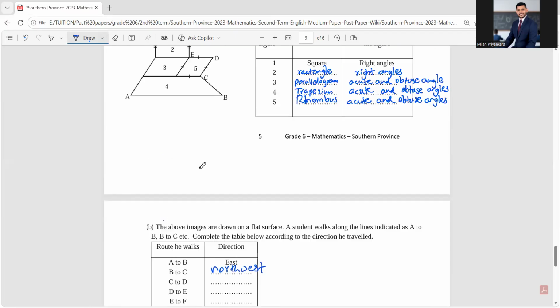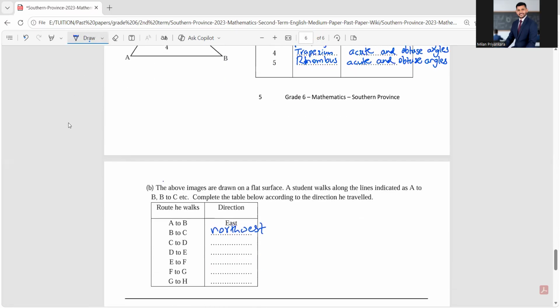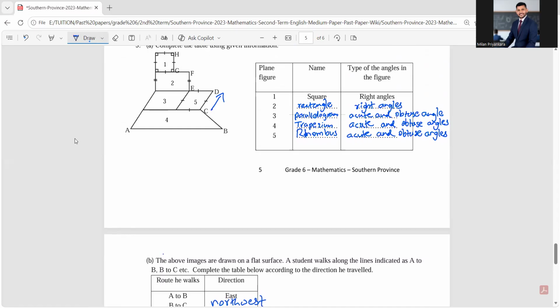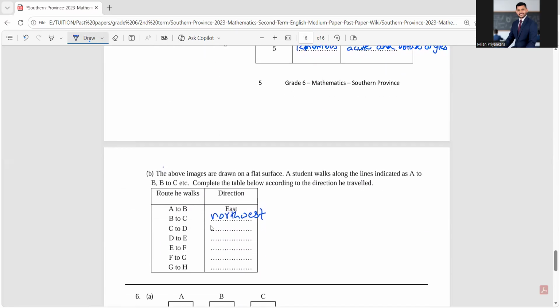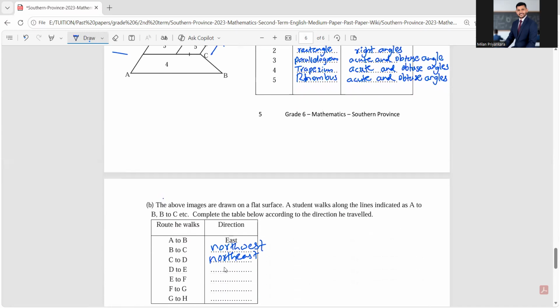C to D. Let's see, C to D means this direction. C to D, that means north-east. D to E. This way. That means west.